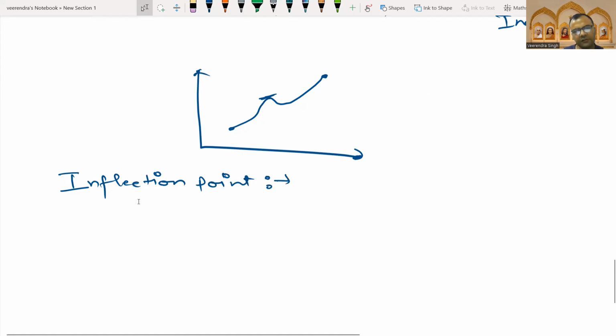So first we discuss it with the help of f of x equals x cube. We know the graph for x cube is like this.